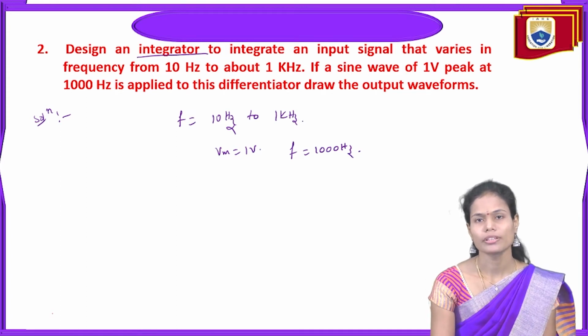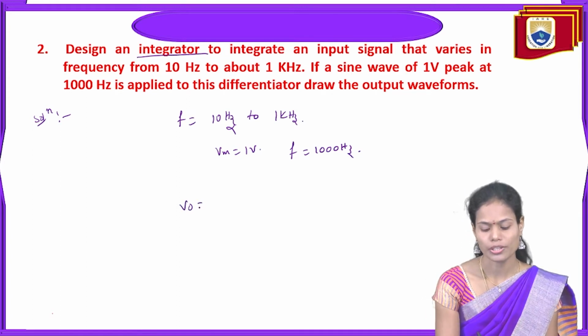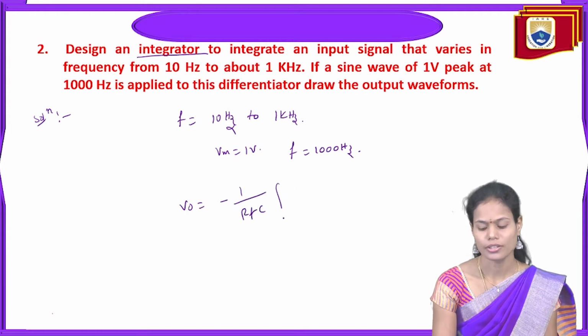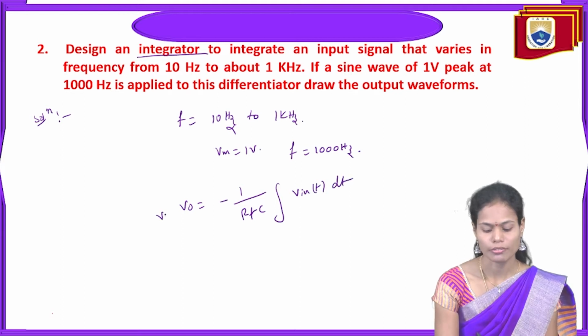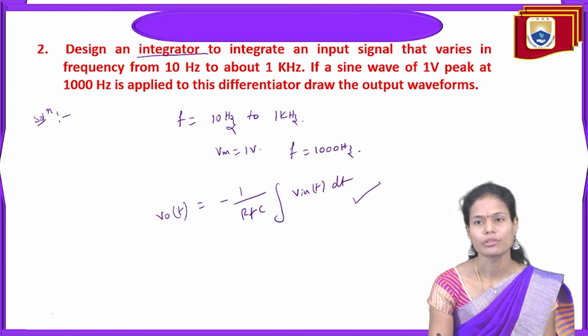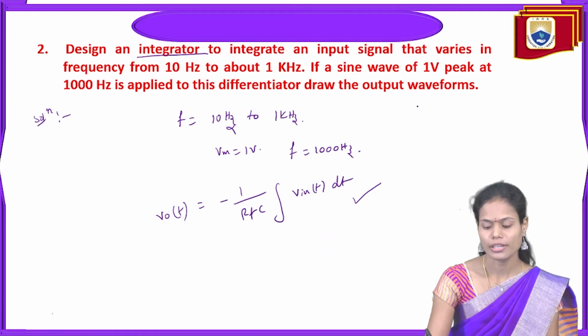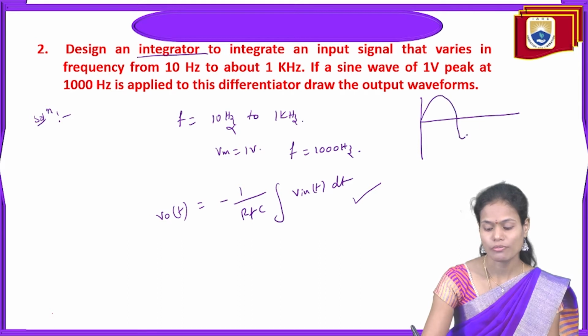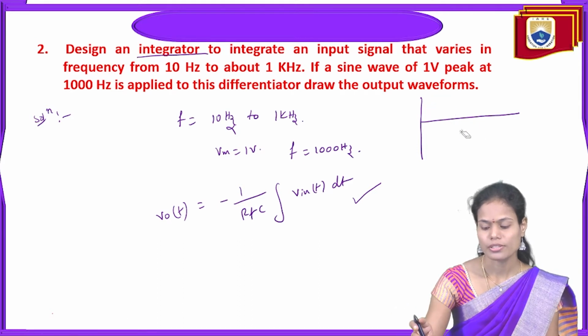For the integrator circuit, the output voltage we have to take as V naught of t equal to minus 1 by RFC integration of V in of t dt. After substituting the given values, we will get the output voltage. The input signal is a sinusoidal signal, so we take the sinusoidal signal like this.